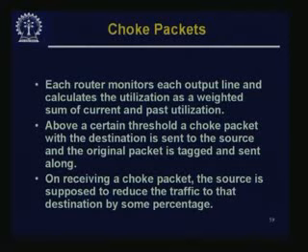Above a certain threshold, a choke packet with the destination is sent to the source and the original packet is tagged and sent along. On receiving a choke packet, the source is supposed to reduce the traffic to the destination by some percentage. If that works out, then that is very fine.